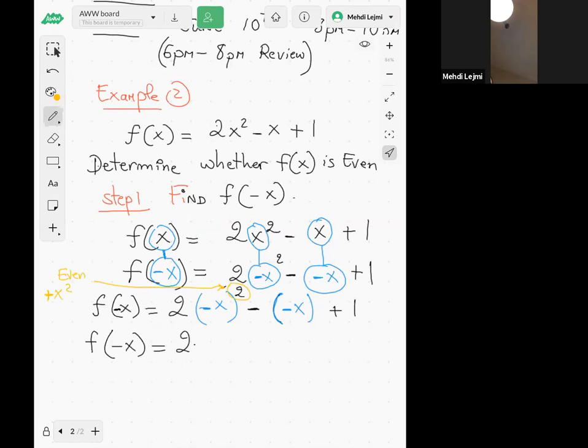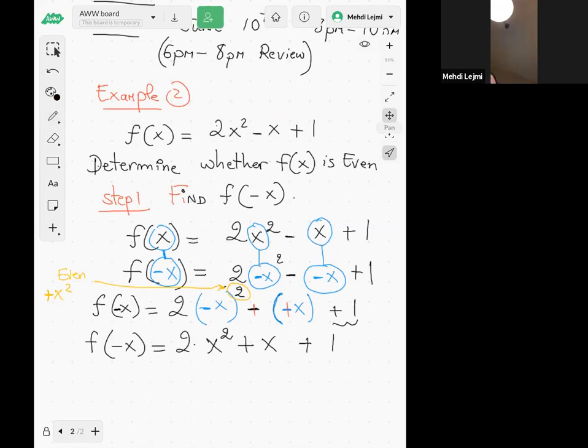And then there's a minus here, that'll be plus x. So plus x, and then there is plus 1. This plus 1 here, we're going to keep the plus 1. All right, so I got my f of minus x.